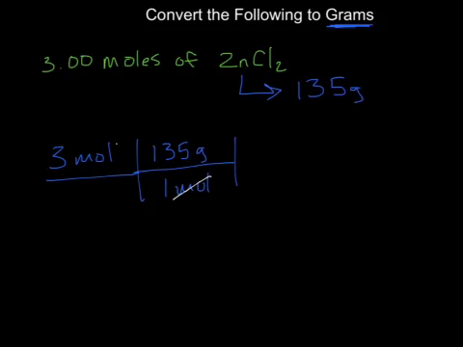Once again, our moles cancel out, and all we're left with is multiplying 3 times 135 grams, and that's going to go ahead and give us 405 grams of zinc chloride.